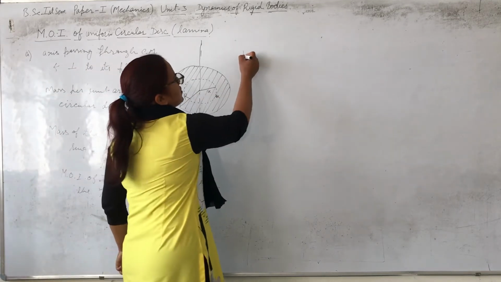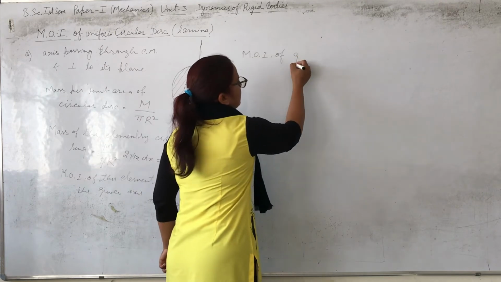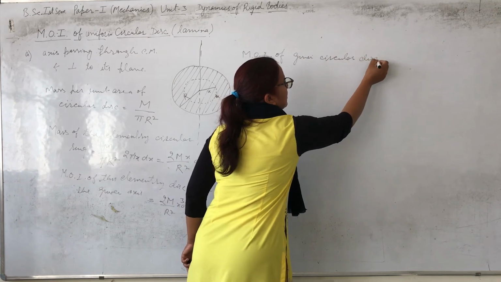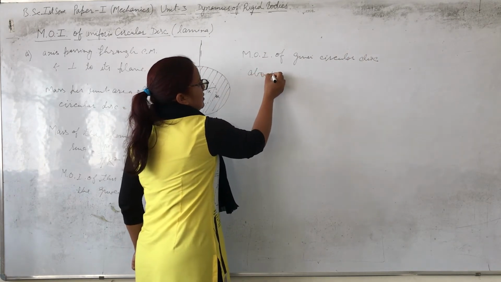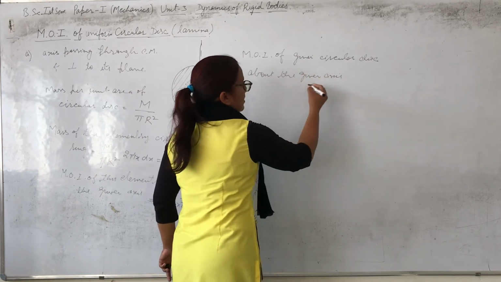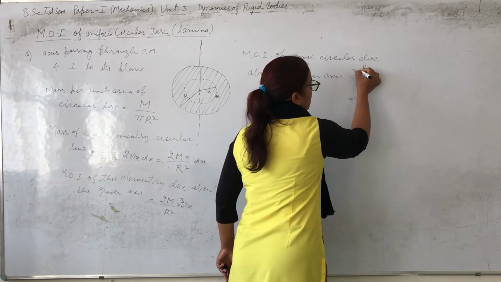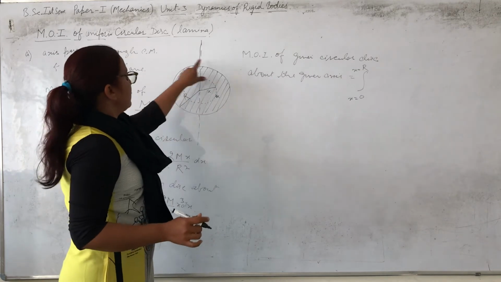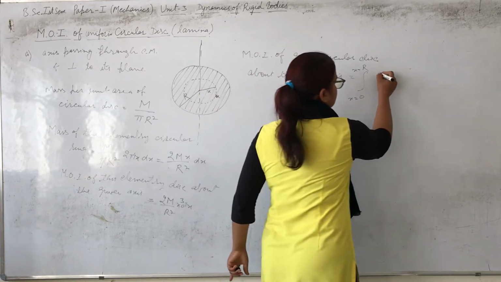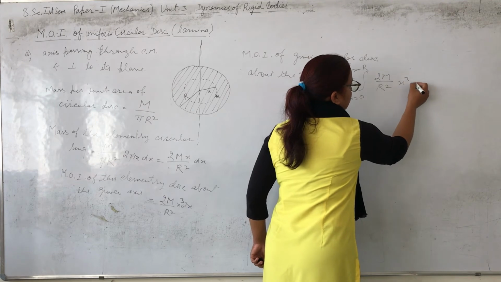Let us do that. So the moment of inertia of the given circular disc about the given axis is equal to the integration from x equals 0 to r, as these are placed inside this circular disc, of 2m over r square x cube dx.